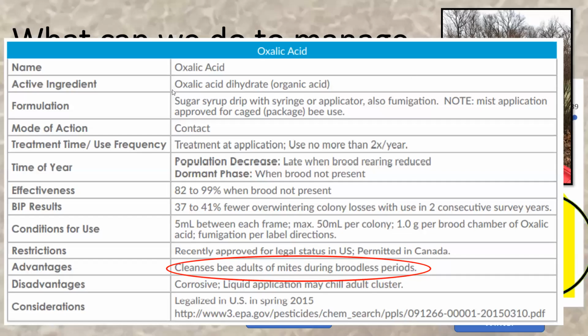The oxalic acid also could be administered through a sugar water solution, drizzled with a syringe or applicator onto the bees, or it could be vaporized. I use the vaporizing method just because that's what I chose. I think everybody should read the label, read the options, and make an informed decision based on what they've read and what they feel would fit them.